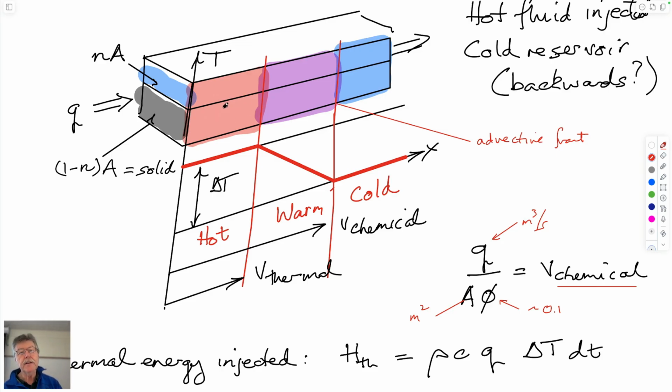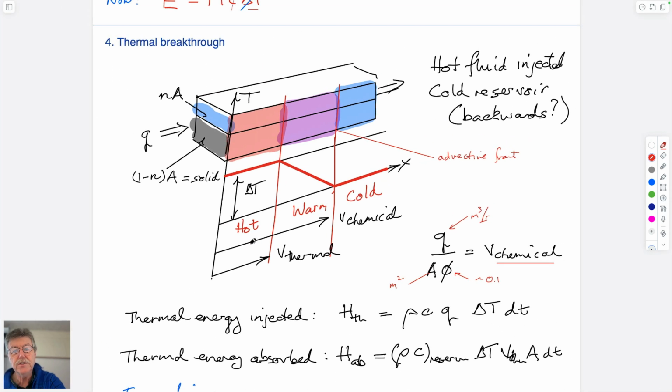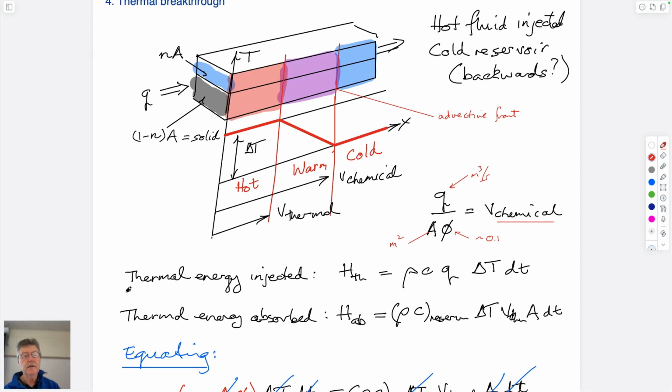And so we can calculate what that is by looking at the two sources of energy that we get out of the system. So the thermal energy injected is going to be the density of fluid, the specific heat capacity of fluid, the volumetric flow rate, meters cubed per second, times the change in temperature relative to the baseline, delta T, over some small time step.